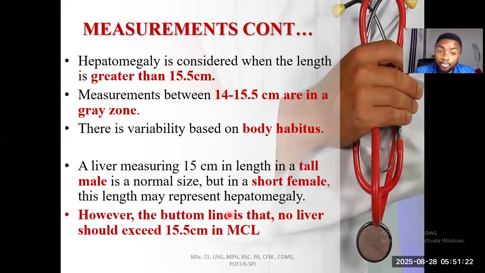But remember, hepatomegaly is secondary to what? What is causing the hepatomegaly? There should be something, even though it's not all the time that ultrasound can pick that thing up. Because if it is malaria, ultrasound cannot pick it up. So you just have to write enlarged liver, or you can write hepatomegaly, then in brackets the measurement.